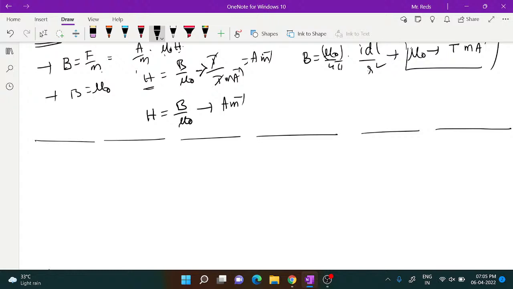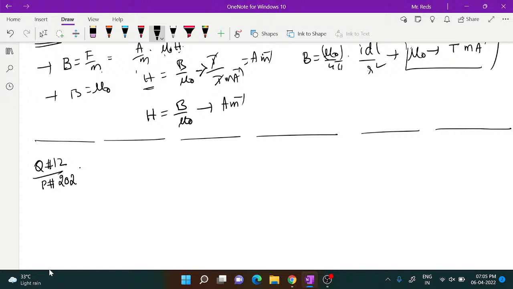So the question is: three magnets of the same length but moments m, 2m and 3m are arranged in the form of an equilateral triangle with opposite poles nearer.